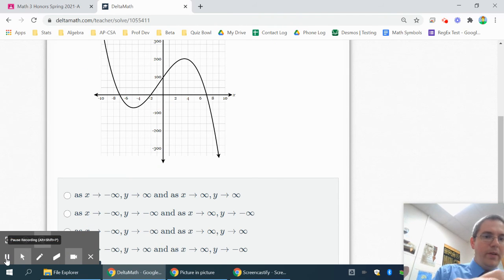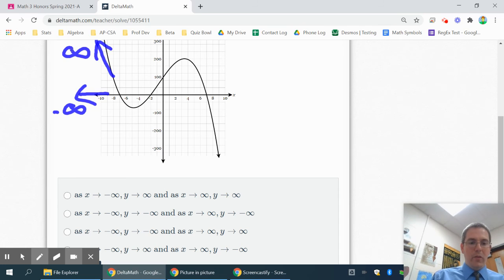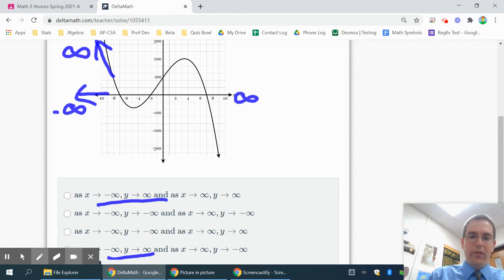Okay, on this one, once again, notice that if I go over this way, this side of the graph, x is going to negative infinity because those are the negative values. And on that side, y is going to infinity. So I need one that says as x goes to negative infinity, y goes to positive infinity. So that would be this answer D, and also this answer A. Now on the other side, x is getting bigger, so x is going to infinity.